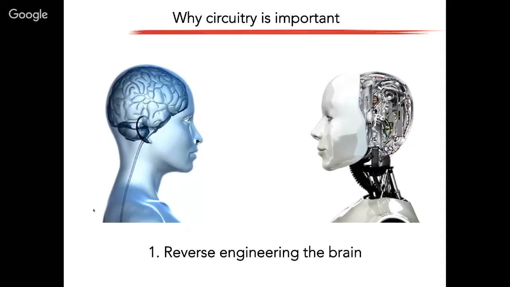And to do that, I think we need to not only make a lot of measurements, because I do think those measurements are important, and develop new technologies to make those measurements, but we have to really think hard about how the circuits that we get out by making those measurements give rise to the kinds of things that would ultimately be needed to build a brain.